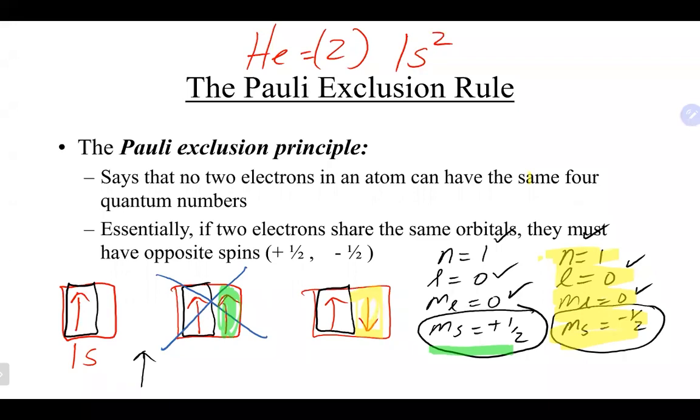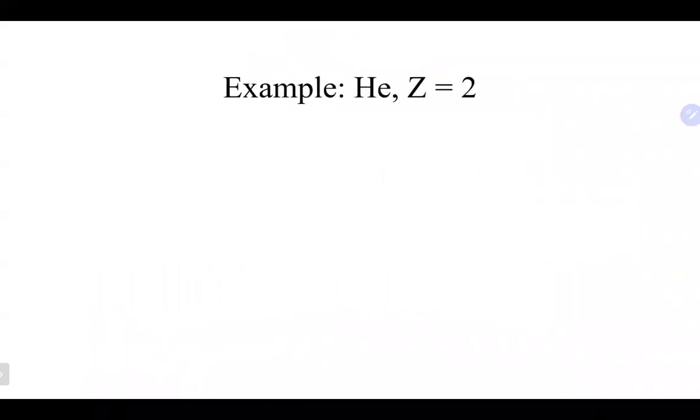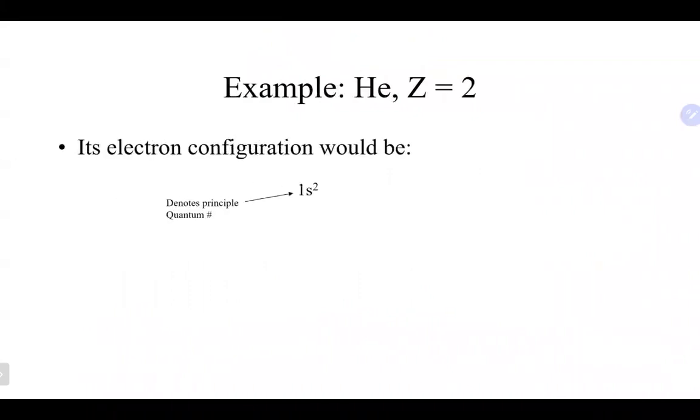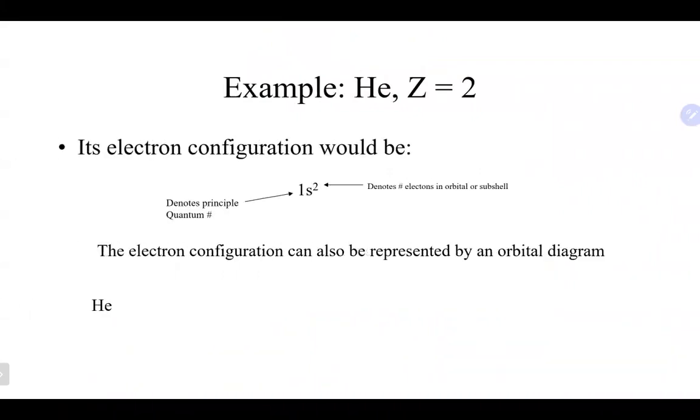That would be the correct way to do it for something like helium, where it would be 1s2. We put our first electron in upwards, and then our second electron goes downward. That tells us they have different quantum numbers, and that will not violate Pauli's exclusion rule.